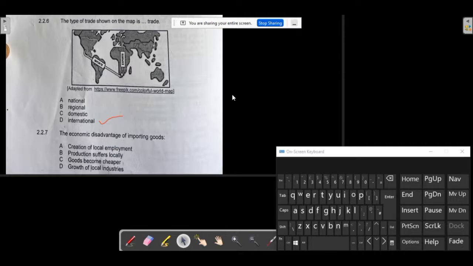2.2.7, the economic disadvantage of importing goods. Creation of local employment, no. Production suffers locally. Goods become cheaper. Growth of local industries. Oh, we need to think about this one.